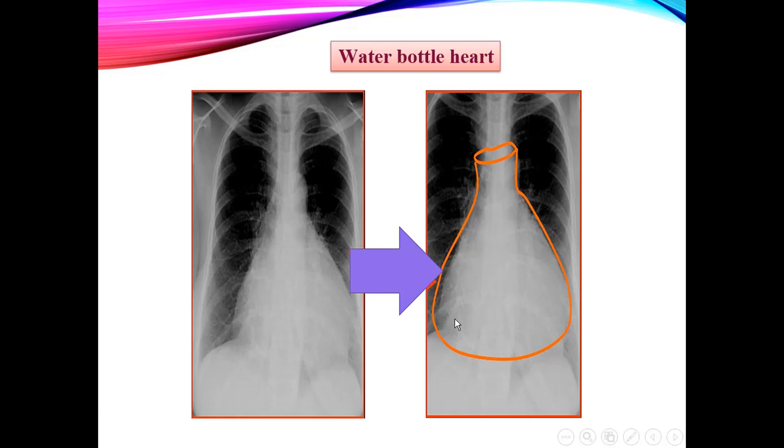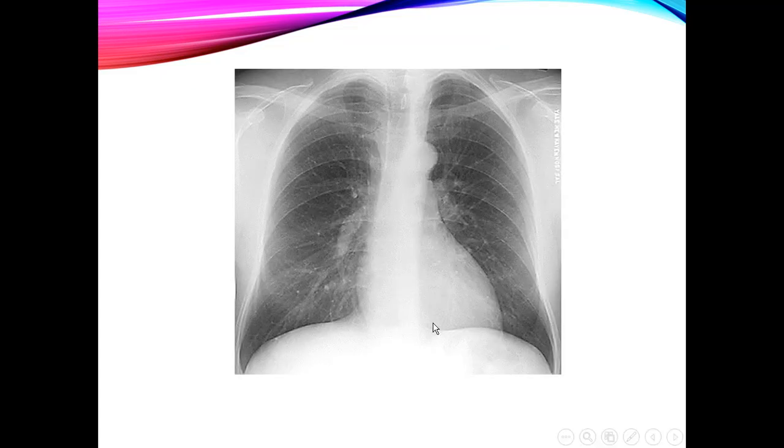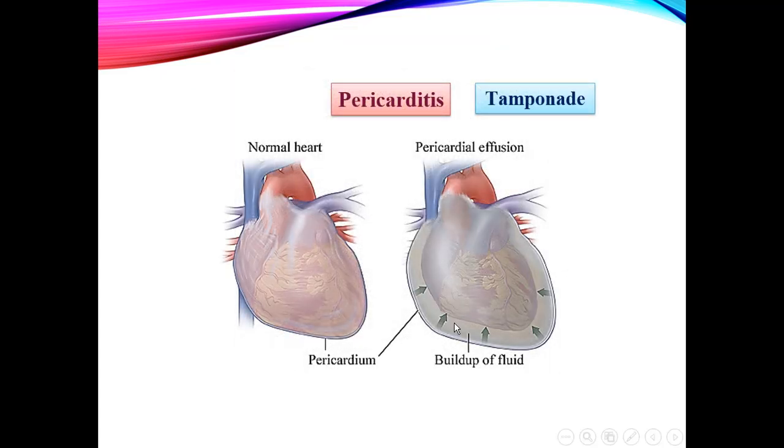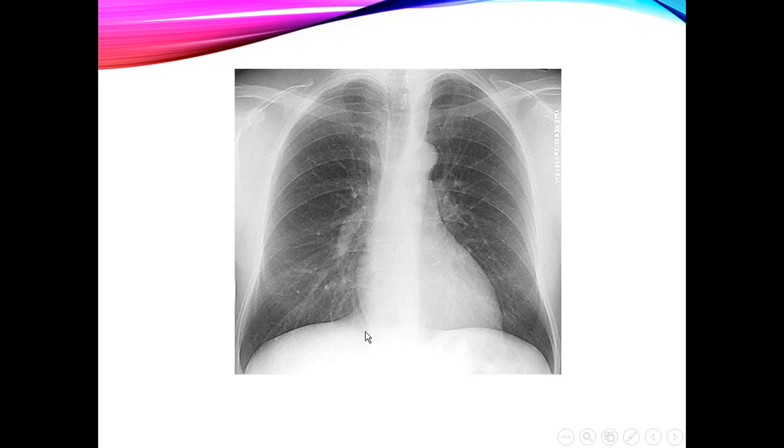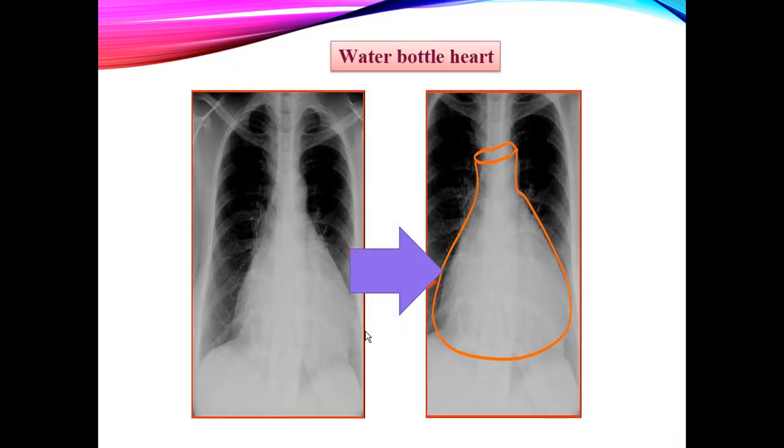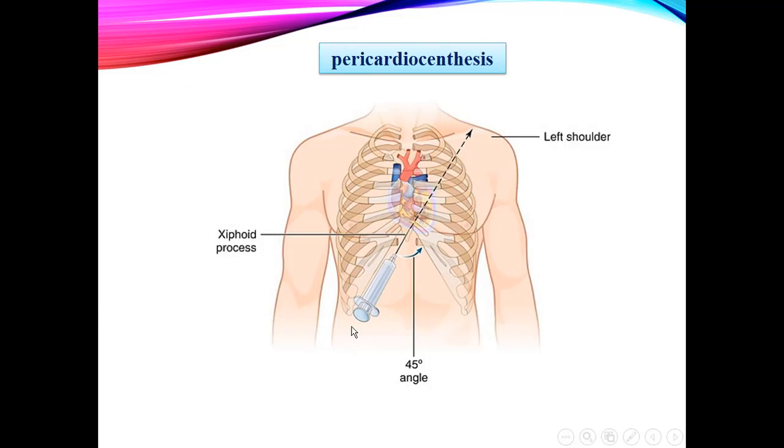This extra pericardial fluid should be drained using a syringe like this. This procedure is called pericardiocentesis or paracentesis. The needle can be introduced at the left costoxiphoid angle.